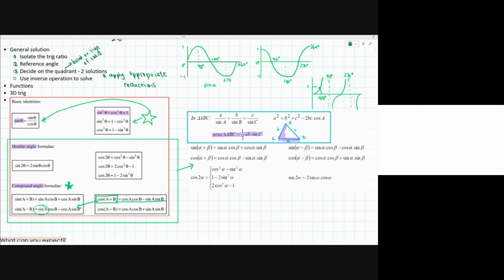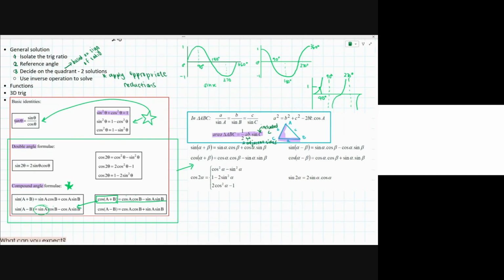So don't get hung up on the a's and the b's and the c's. Understand what it is saying to you on a basic level. The area rule is saying half, two adjacent sides, and the included angle. So as long as you have two adjacent sides and the angle in between them, you can find the area.